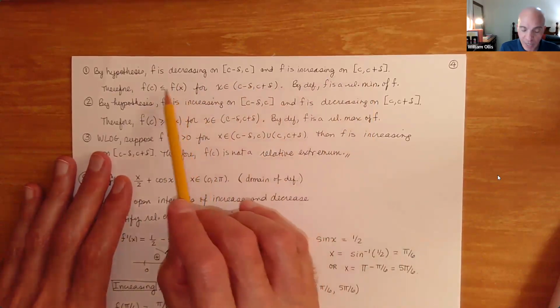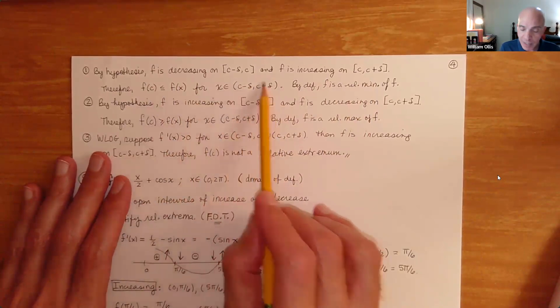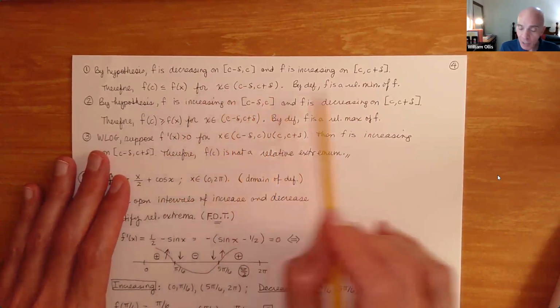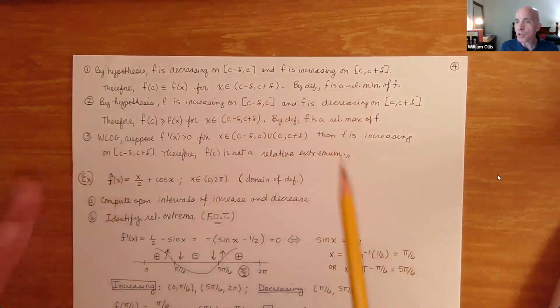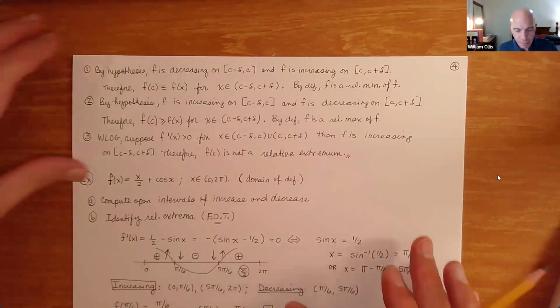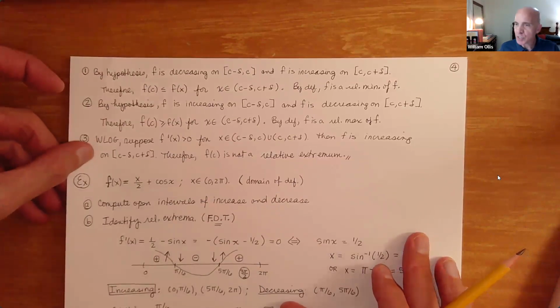So therefore, we have f of c is less than or equal to f of x for x in the open set. But that, of course, defines a relative minimum. So we go back to the definition of relative minimum and we see exactly what's going on. So the increasing, decreasing gives us automatically the first derivative test. And you can look through the other ones to verify how simple this is.